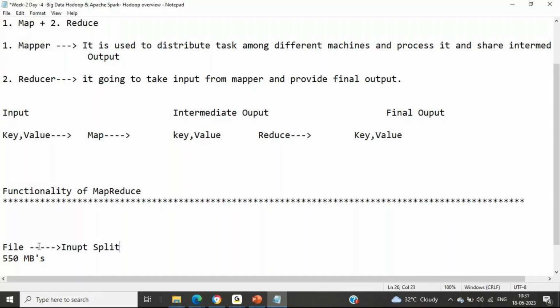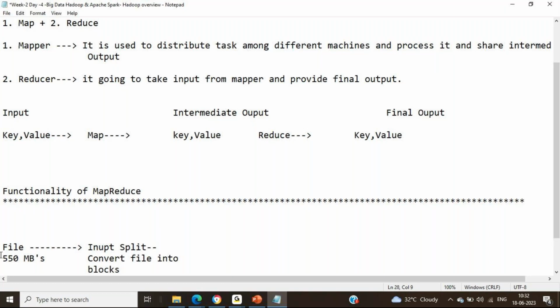Because we know very well that Hadoop does not deal with the entire file. It is going to convert it into blocks, and then the functioning will be done on the blocks. So input split will convert the file into blocks.